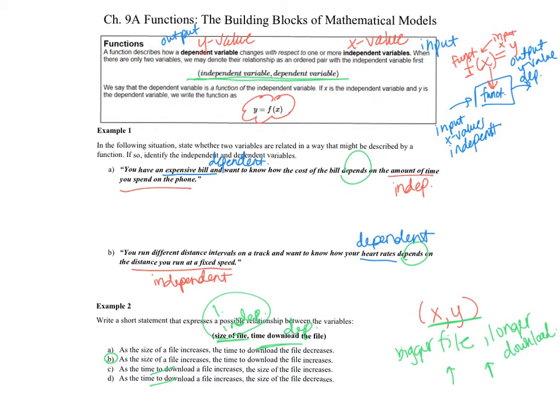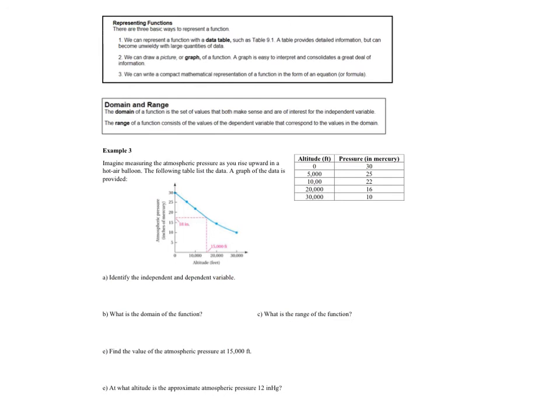So now that we've kind of looked at what a function is, let's see if we can look at some of the specifics about a function. So in math, there's a couple ways to look at a function. One way to look at it is a table of values. Okay, another way to look at it is a picture. A lot of people like to look at a picture to help explain things.